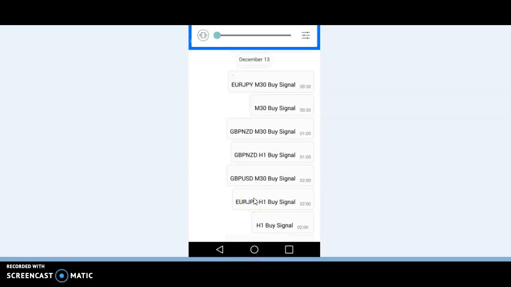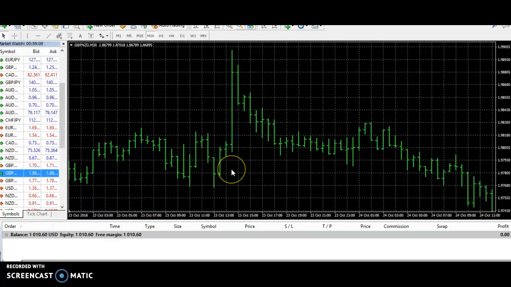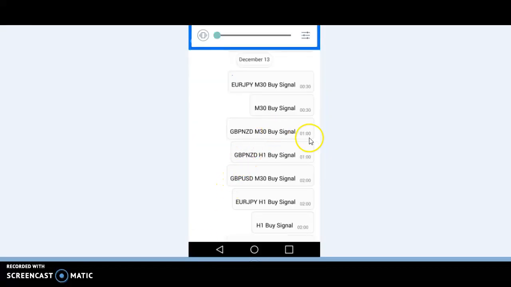So let's go to another one here. Pound New Zealand. We have 2 signals there. Let's click on that. Pound New Zealand. Okay, there we go. Let's check this out again. 30 on the 1 hour and 1 hour there.